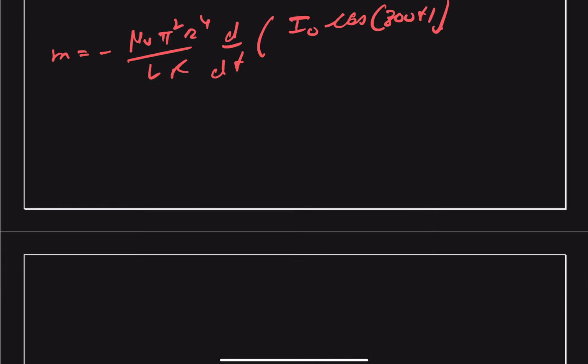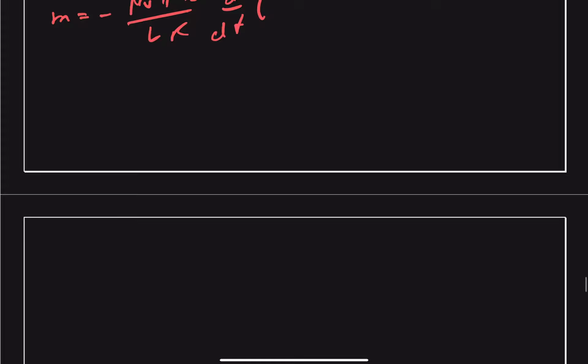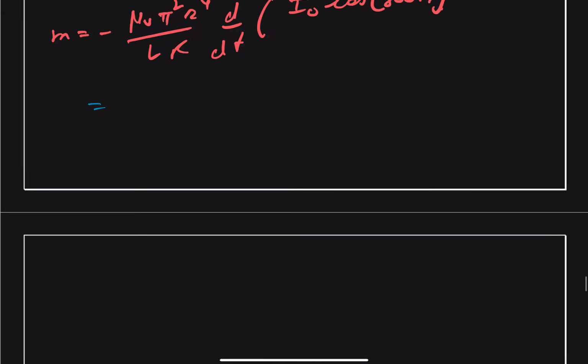Now it is a simple derivative. This will be equal to 300 mu naught pi square r to the power 4 divided by LR, and we have here I naught, and this comes as sine of 300t.